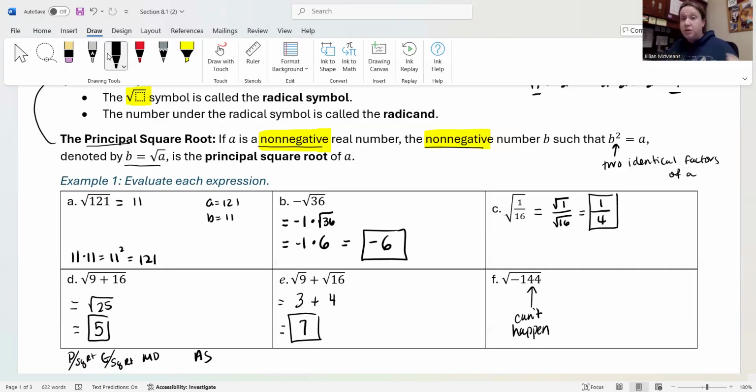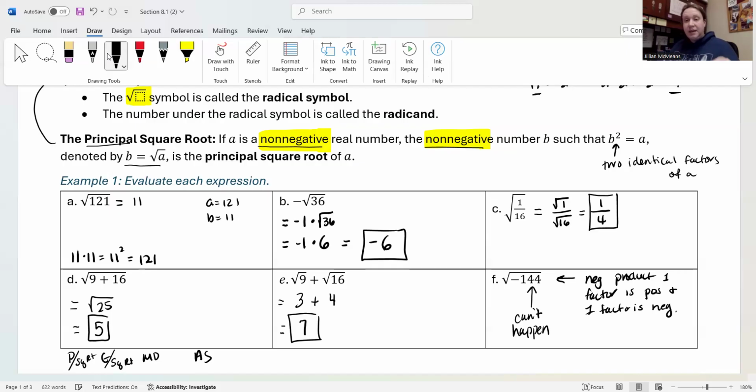When we multiply two numbers, we have to have two positive numbers or two negative numbers to get a positive. Or to get a negative, we have to have one positive, one negative. So in order to get a negative product, one factor is positive and one factor is negative.